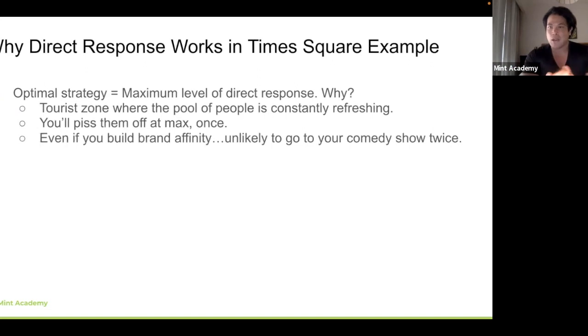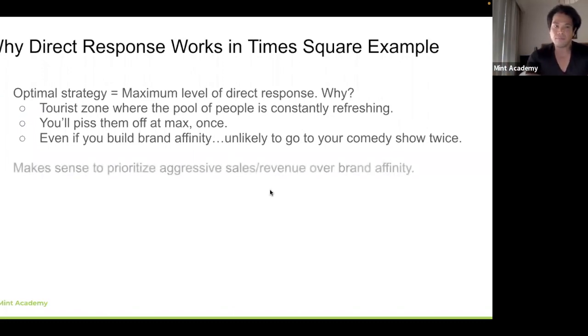At max, they might go once, but building more loyalty to that comedy show is not something that would help more. So because this is the case, it makes more sense to prioritize being aggressive with sales and revenue over getting brand affinity and getting people to love you.